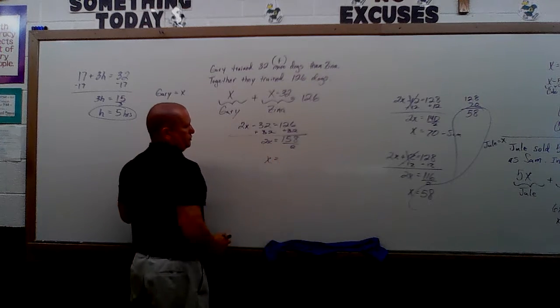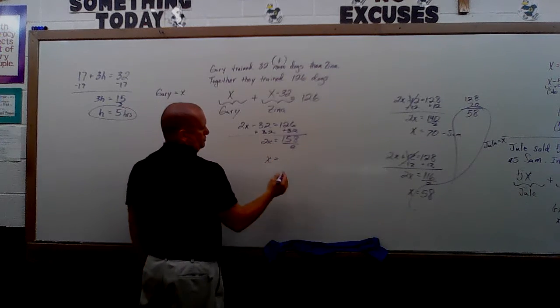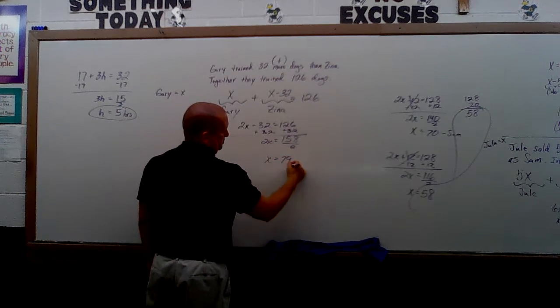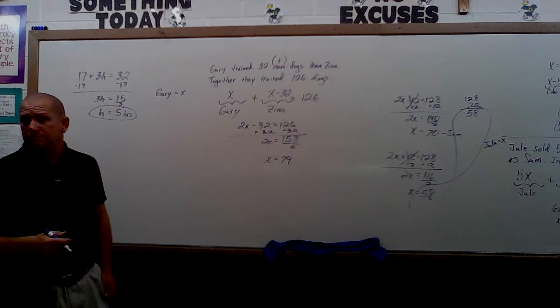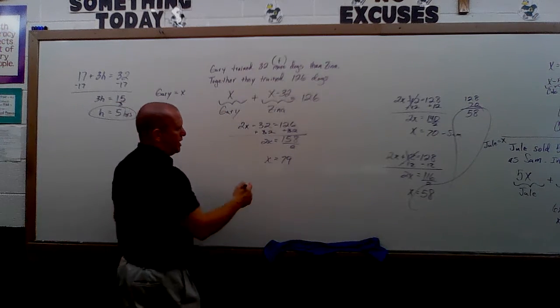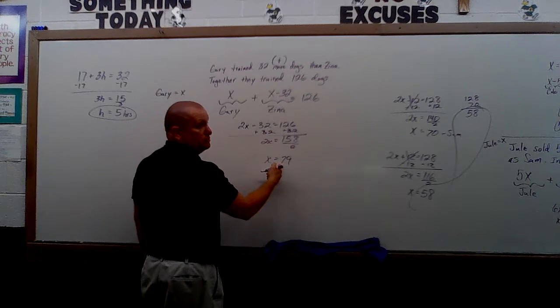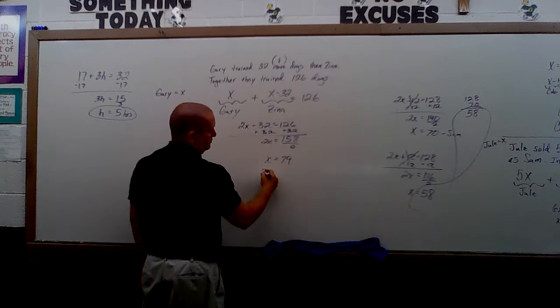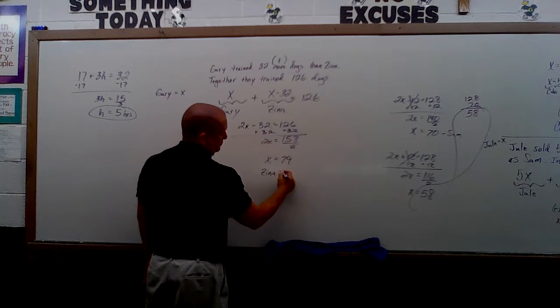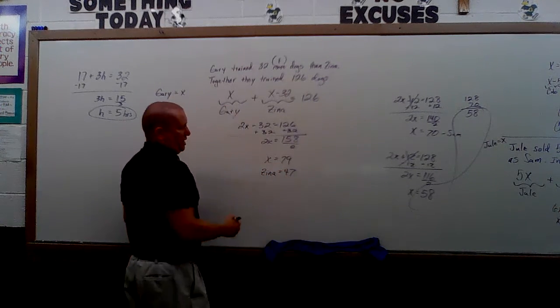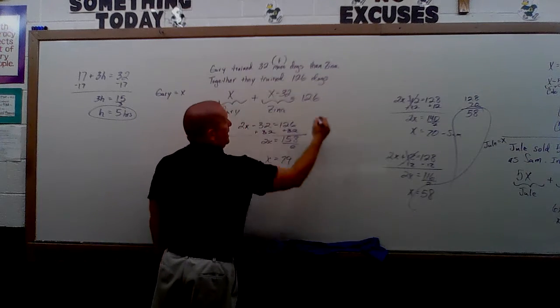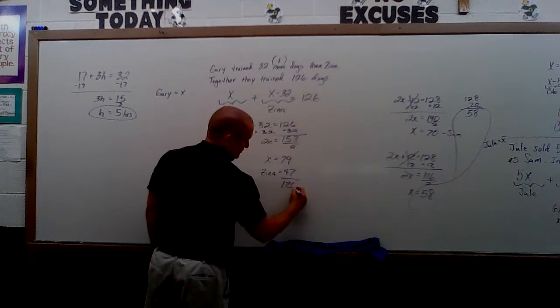So x is equal to, what's 158 divided by 2? 79. So, how many did Zena do? And do these two numbers add up to 126?